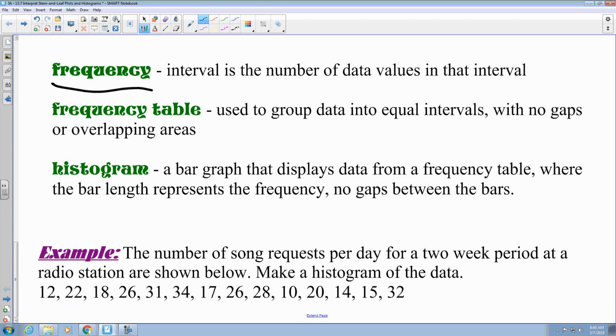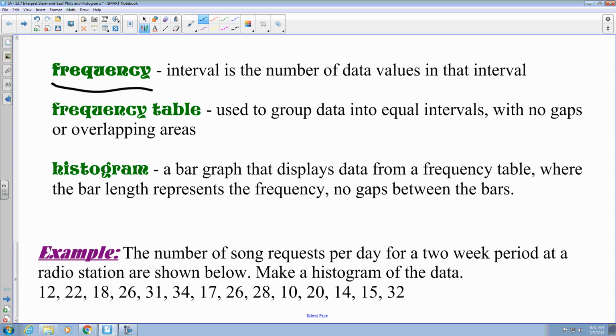Frequency, it says the interval is the number of data values in that interval, and you get to pick what the interval is for the most part, unless they specifically tell you that they want it in sets of 10, sets of 100, sets of 50, sets of 25, sets of tenths, depending on whatever the data is.